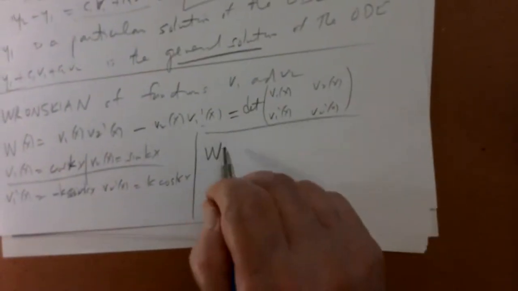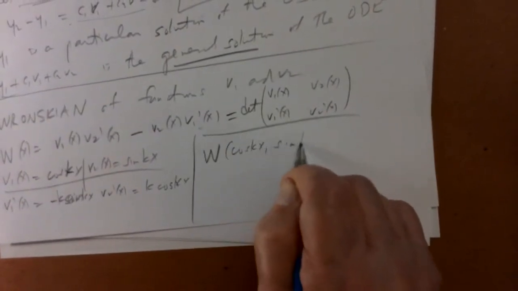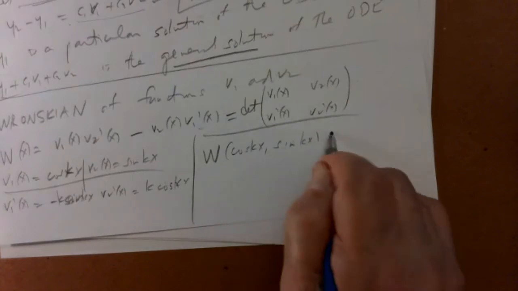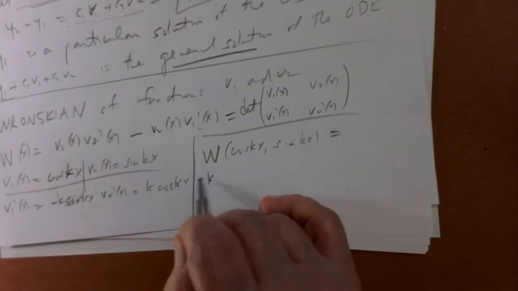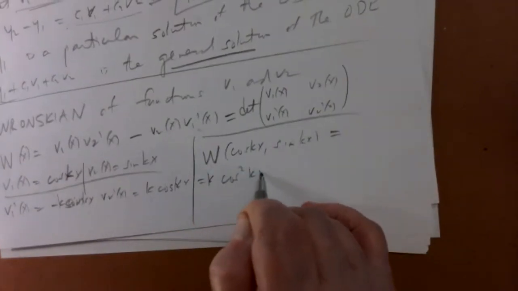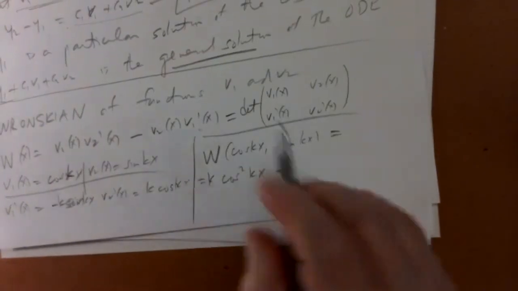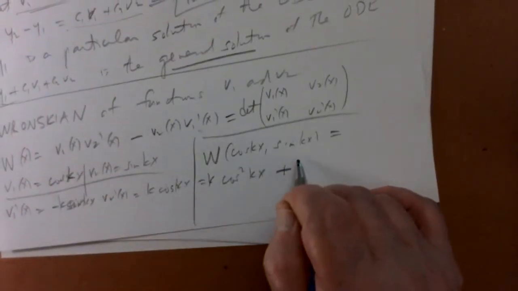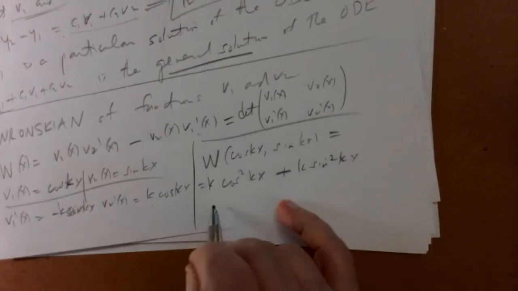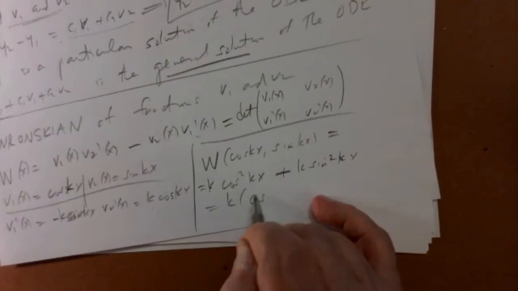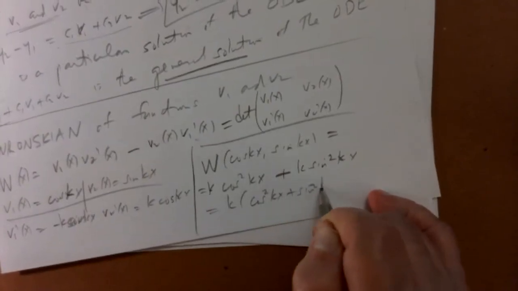So the Wronskian of cosine kx, sine kx is equal to this times this, k cosine squared of kx, minus this times this, minus times minus is plus, so I get plus k sine squared kx, which is k times cosine squared kx plus sine squared kx.